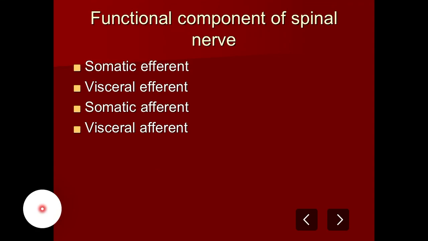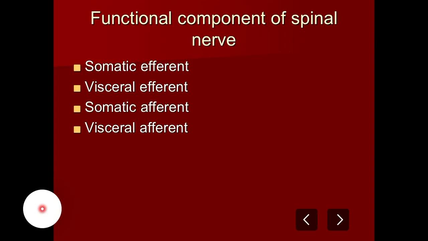Somatic afferent will be carrying the sensation from the body wall. Second one is visceral afferent. That is the visceral sensation or the pain sensation, other sensation from the viscera, being transmitted by this part of the spinal nerve. Or in short, the spinal nerve has got four functional components.